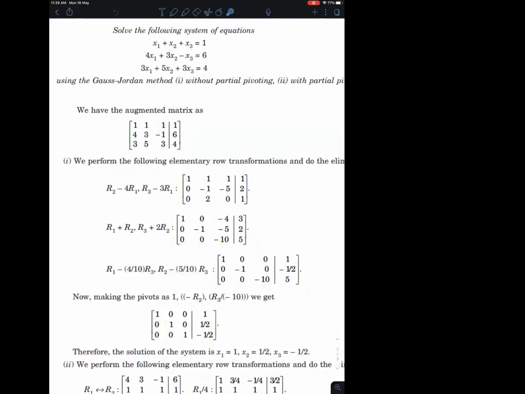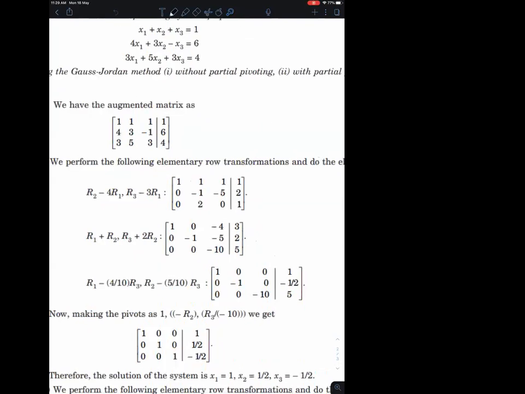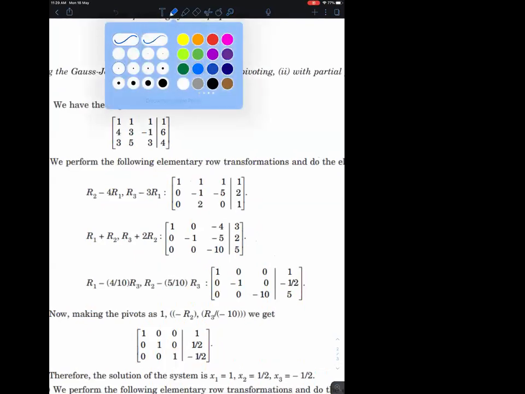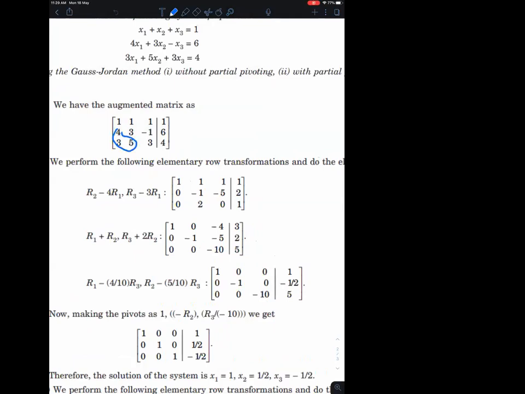See, the idea is you just want to make all these go to 0, this part here. Let's say if you get just, for example, x1 plus x2 equals 3, x1 plus 3x2 equals 10.